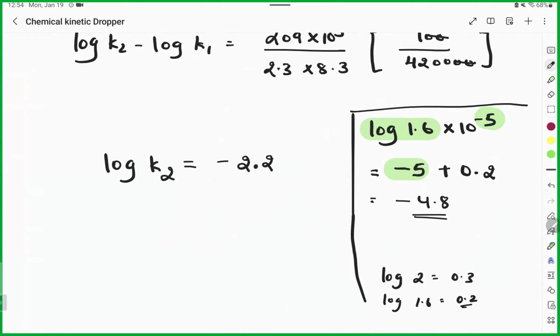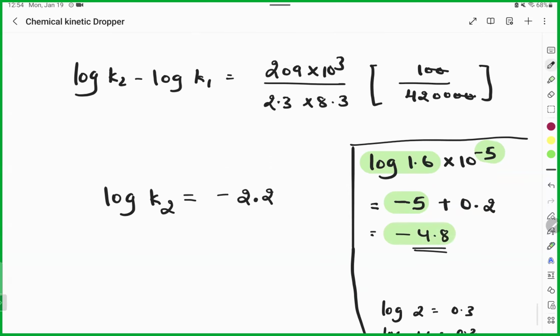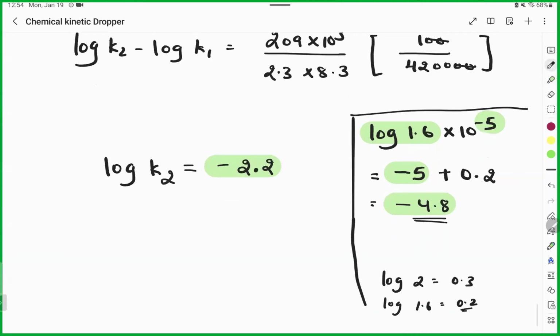I don't know the exact value, but it will be around this, because you can't calculate the exact thing in your NEET exam. If you put this value, you get minus 4.8, which is approximately the answer.